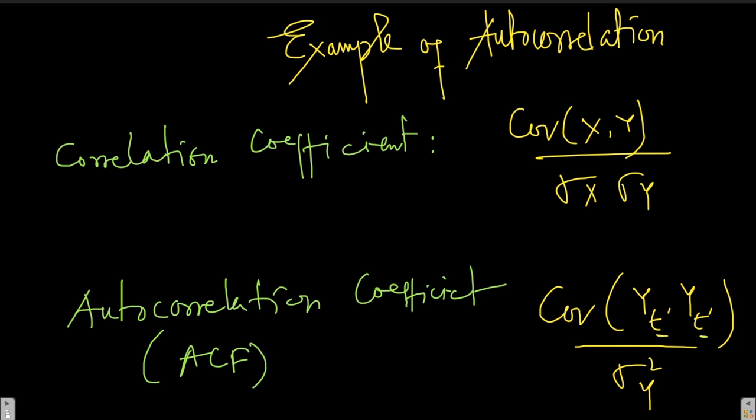Now let's try to understand intuitively what autocorrelation is, and let us draw something. Let's say I want to understand how the temperature varies across the different months.